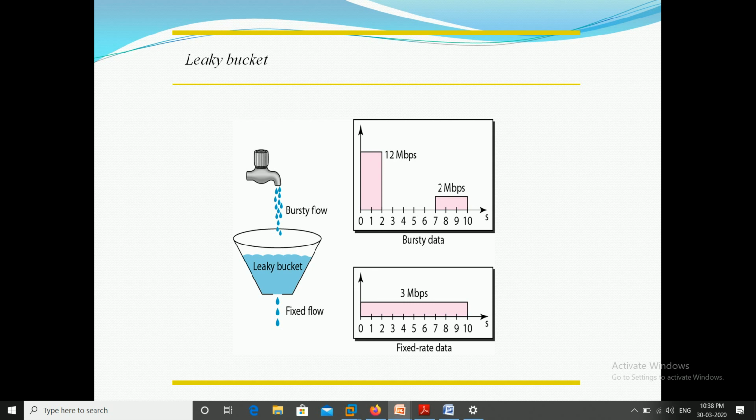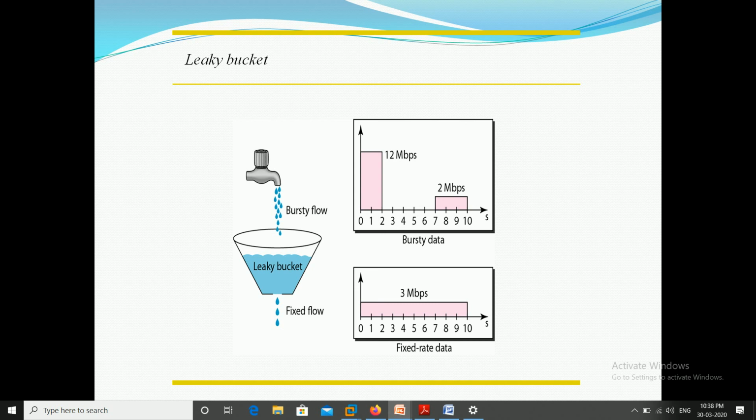Let's say the water flow from the tap is high, flowing at a rate that fills the bucket. On the lower side of the bucket, let's say there is a hole. Have you ever seen the buckets of the old days? They have a hole downwards, right? On the bottom there is a hole.